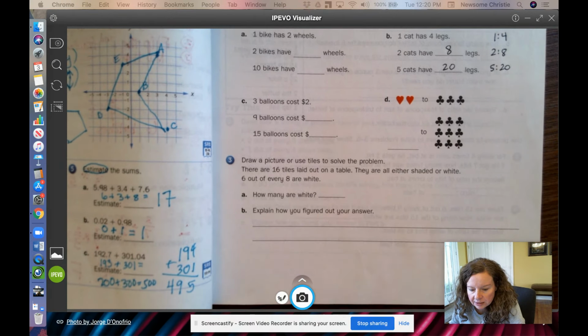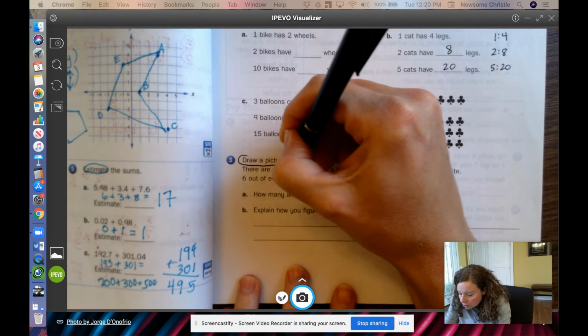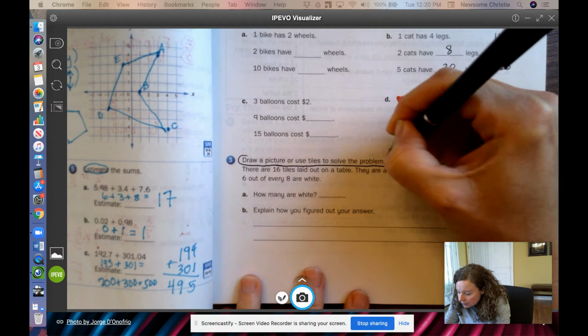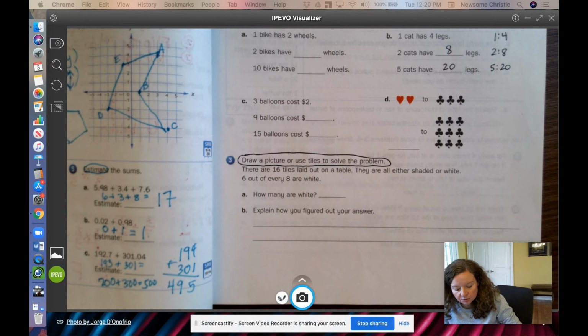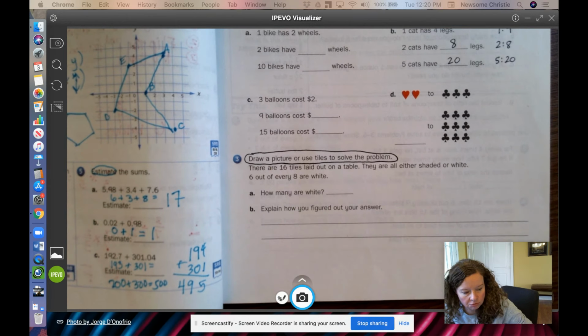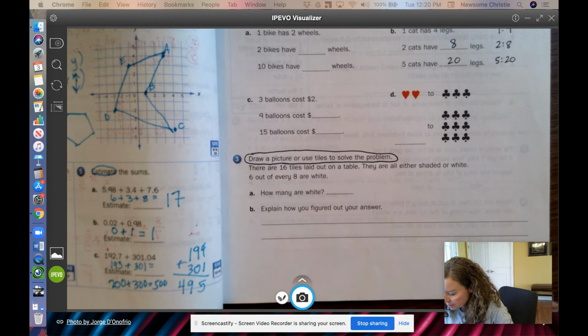Number 3 is one I want us to look at together. So you'll notice that this says draw a picture or use tiles to solve the problem. Now this is a really good strategy. These ratio problems can sometimes get confusing to kids when they're trying to keep track of all the parts and the total. And so being able to draw it in a way that shows you exactly what's happening is sometimes super helpful. So let's do that. So it says that there are 16 tiles laid out on a table.